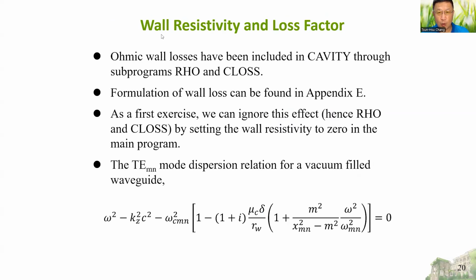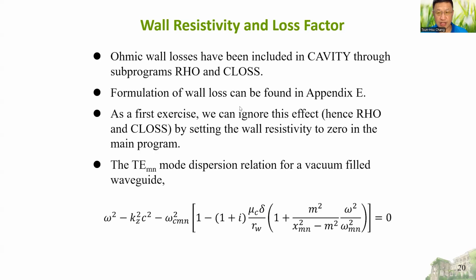And wall resistivity and loss factor of the conductor. The interaction structure, the cavity, is made of copper or any kind of metallic material. Omega loss has been included in the cavity Fortran code through the subprograms rho and C loss.